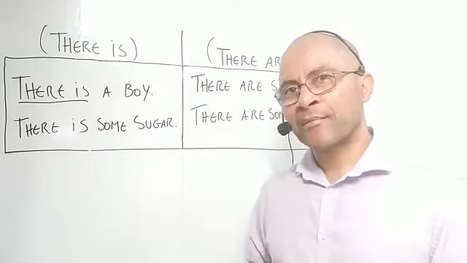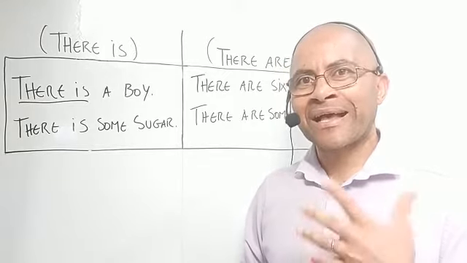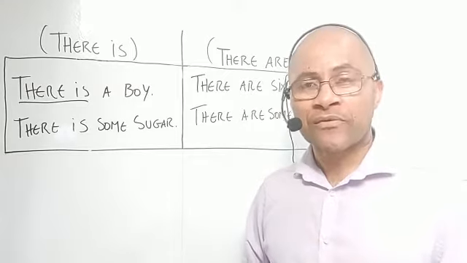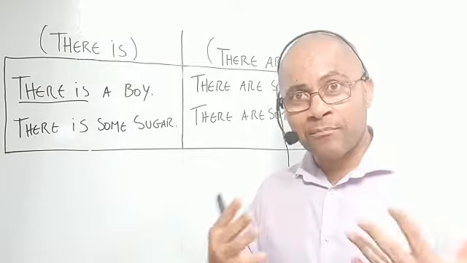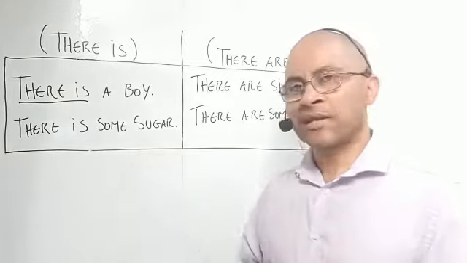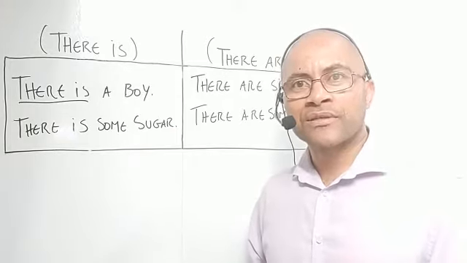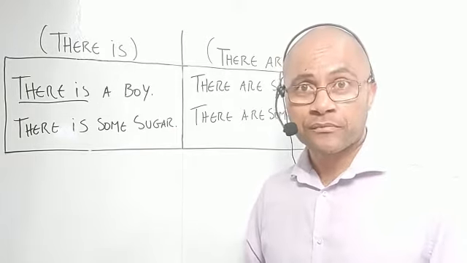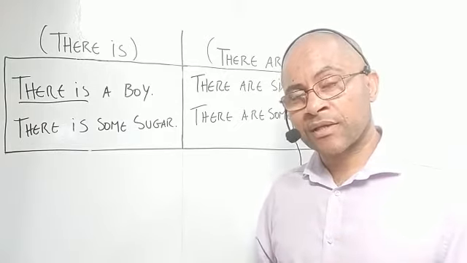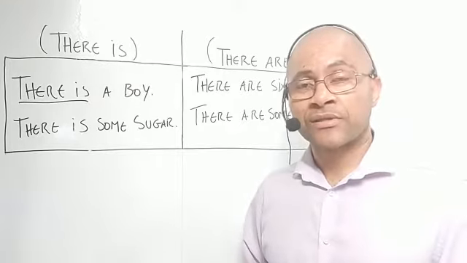Now the second example, we use there is for uncountable nouns. Nouns that we cannot count. For example, sugar, milk, salt, etc. Then we have the example there. There is some sugar, or we could say there is some salt, or there is some milk. So let us see the example with milk. Question or negative first.